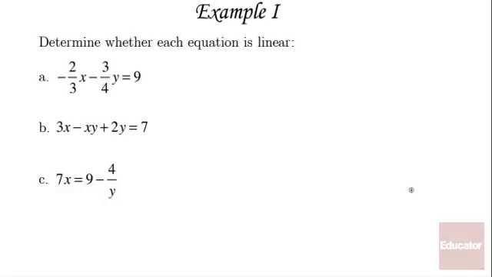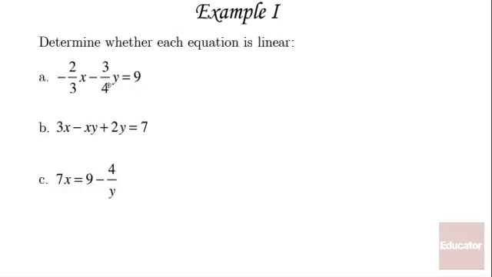In our first example, we're going to determine whether each equation is linear. This first equation, letter A, is negative 2/3 x minus 3/4 y equals 9. Remember the definition of a linear equation.